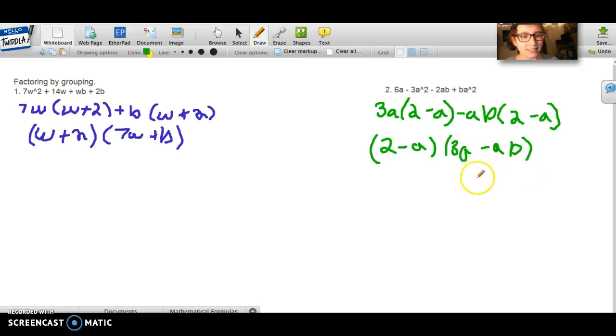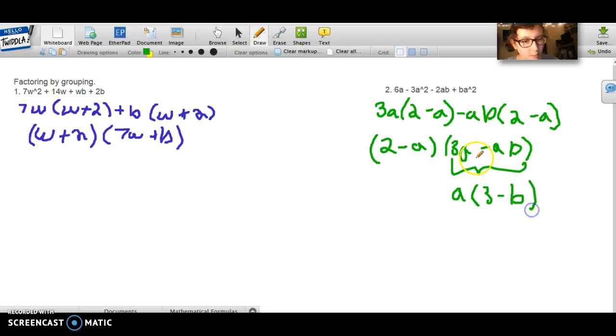But, as we can see, the second parentheses term still has a greatest common factor in these two terms. So what we can do is take an a out of each of these terms. So this is a, and then 3a divided by a is 3, and negative ab divided by a is negative b.